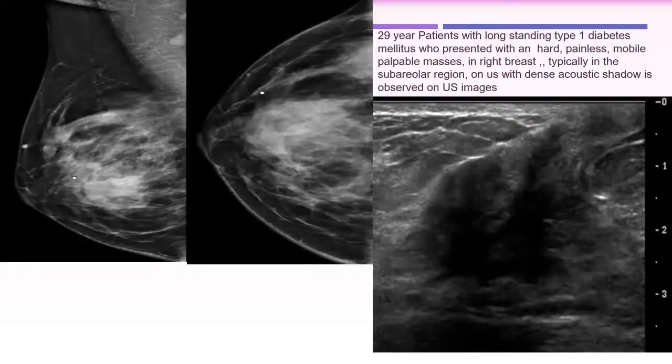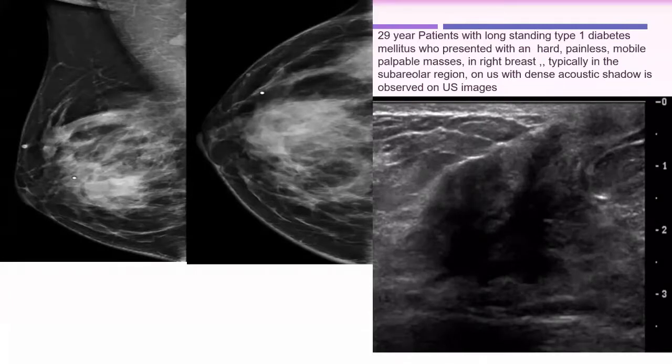And in this example, a 29-year-old patient with long-standing type 1 diabetes mellitus. What does this history signify? Diabetic mastopathy. Yes, excellent. We said diabetic mastopathy is stromal fibrosis, but it is a reaction seen in patients having long-standing type 1 diabetes.